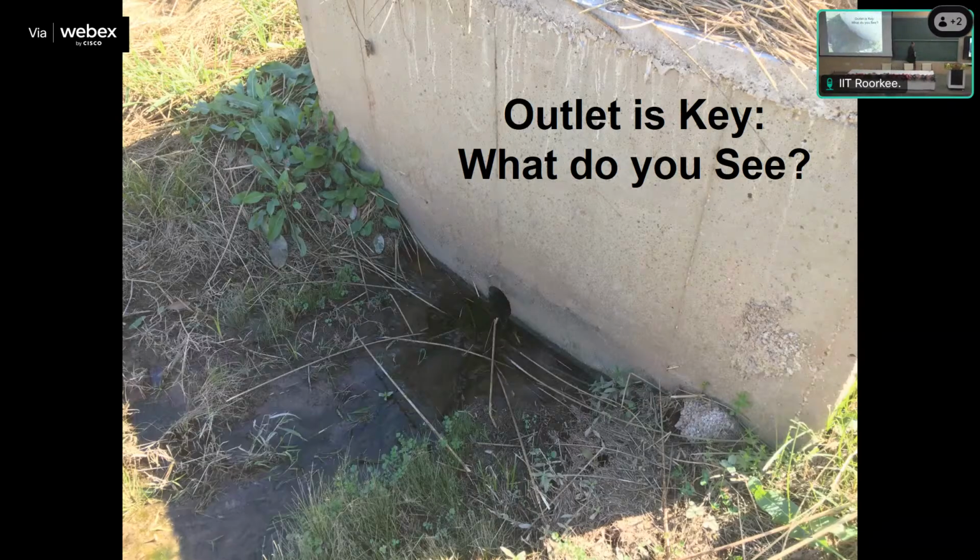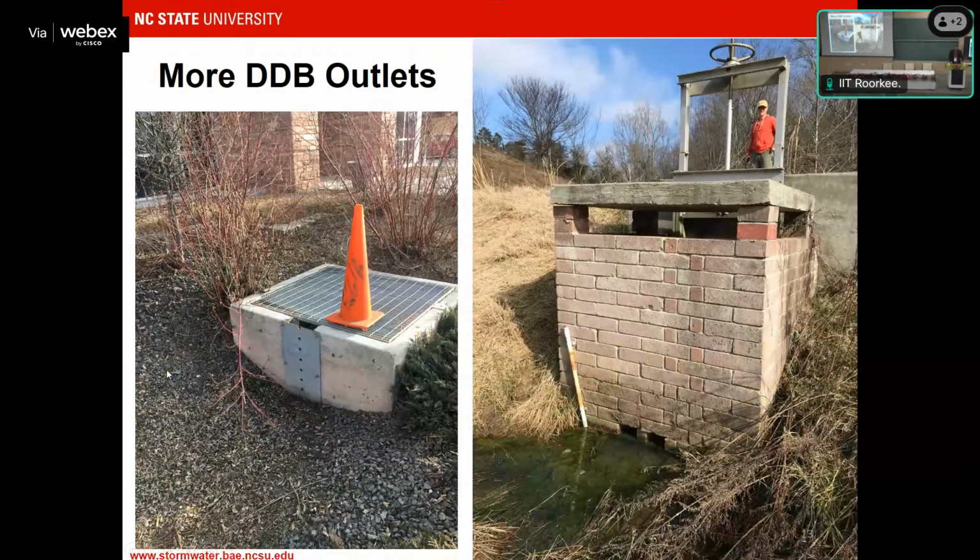And so this is a potential practice that you might be interested in if you don't want to have ponding water around. And there are times where that is the case. Here are another couple of dry detention basin outlets. This one here has a bunch of small little holes that slowly drain the water down, with higher drainage rates at the beginning and lower drainage rates at the end.